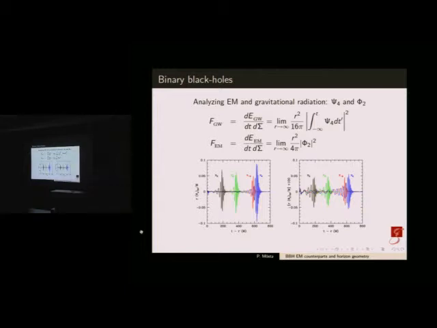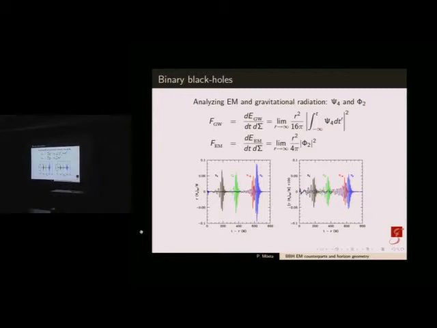In the bottom panels, I show on the left how the waveforms we typically obtain for gravitational waves look for different systems. We've already seen that we use different spins, and they have an influence on the field structure, so they will most likely also influence the EM radiation that is emitted.